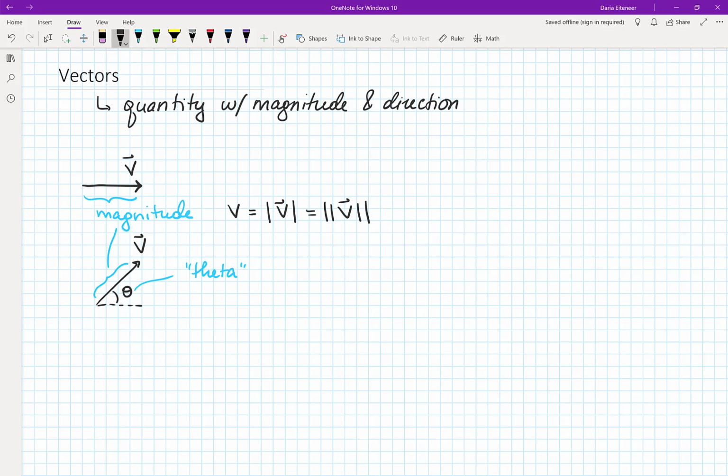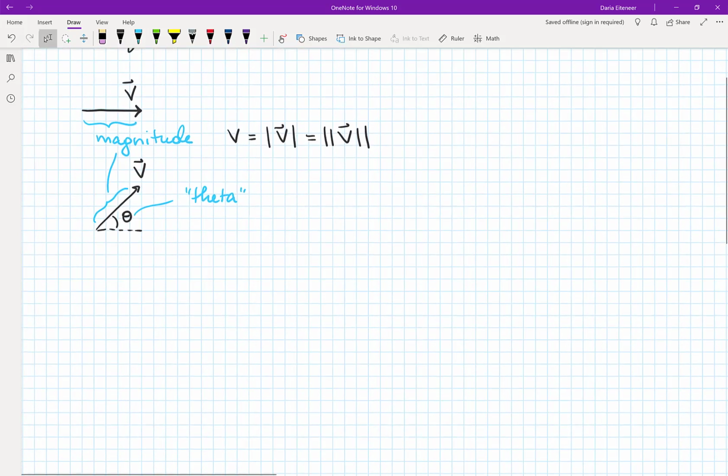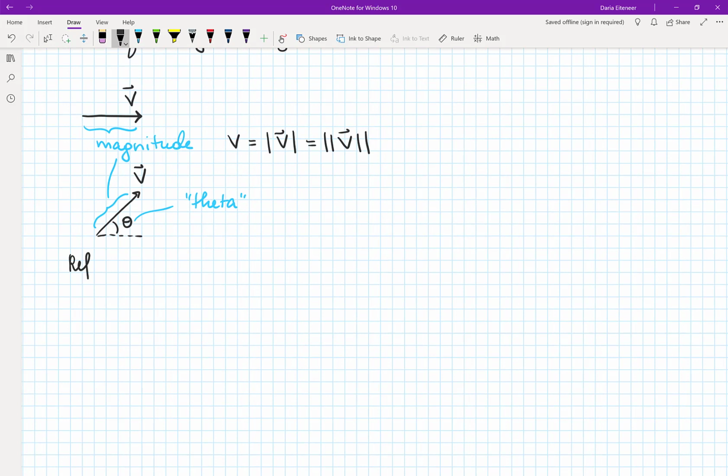Now, in this class, I'm going to only use what's called reference angles to represent direction. Although the other common way to represent angles is by using the 360 degrees and using standard orientation. So I'll tell you about that in a minute. So the way that we denote reference angles is by kind of addressing quadrant.